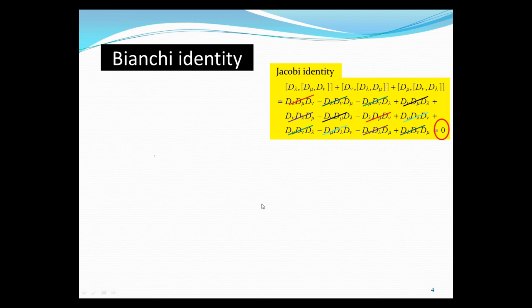Again, we start with something called the Jacobi identity. The Jacobi identity involves a so-called double commutator, with the indices permuted. Now, this has nothing to do with the covariant derivative. Any objects A, B, C, if they don't commute, satisfy the Jacobi identity, because we just multiply it out.